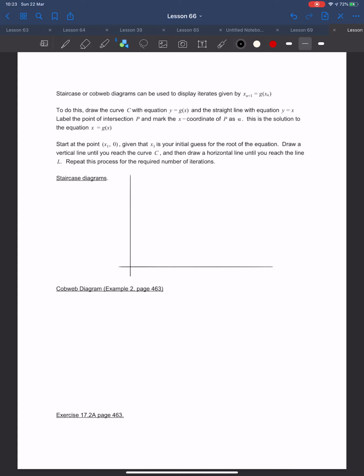It's always y equals x on the left hand side, and then you've got a curve. And it's finding where the curve meets the line.